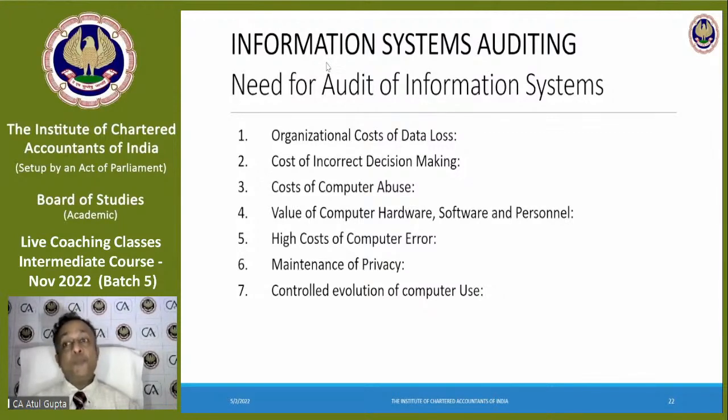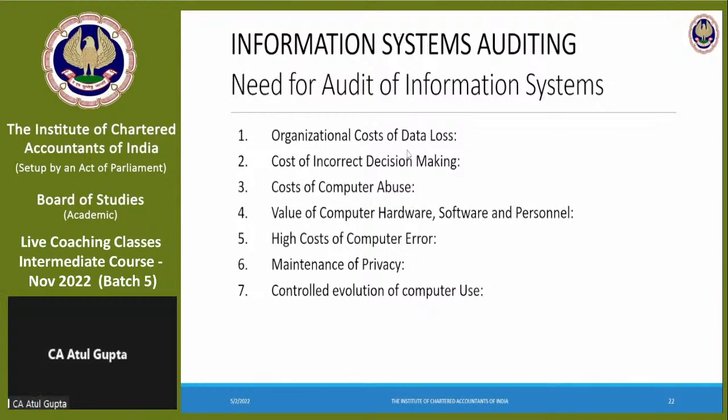Then maintenance of privacy. This has become a big issue now because with technology, a lot of things are in the public domain. So how you maintain your privacy is a consideration to keep in mind. Then controlled evolution of computer use.